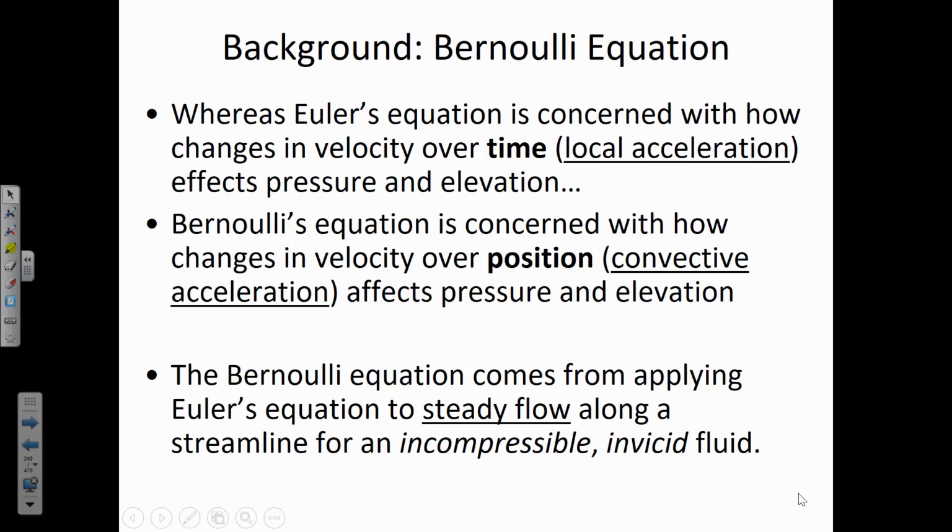So if we have a pipe where the diameter is decreasing, then the flow that enters at one velocity is going to exit at a much higher velocity because it's being forced through a smaller cross-sectional area. And if we put 1 liter of water into the inlet of this nozzle, 1 liter of water has to come out.